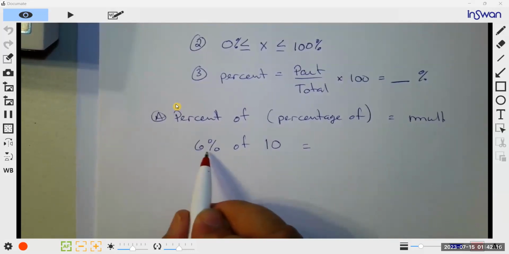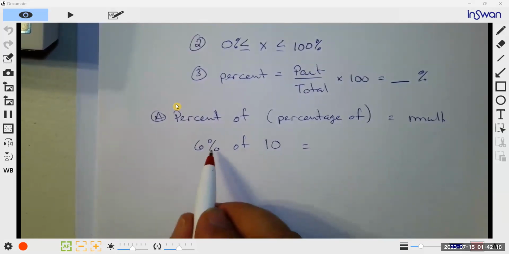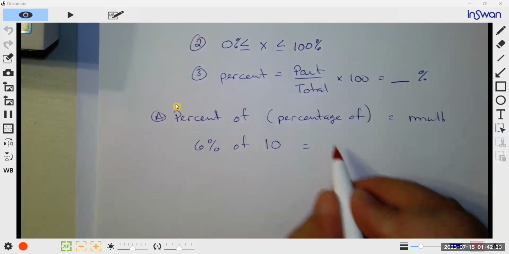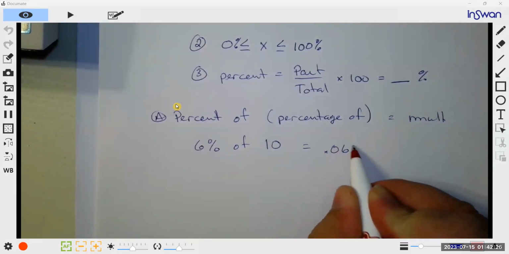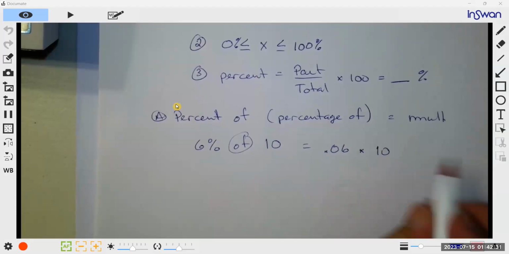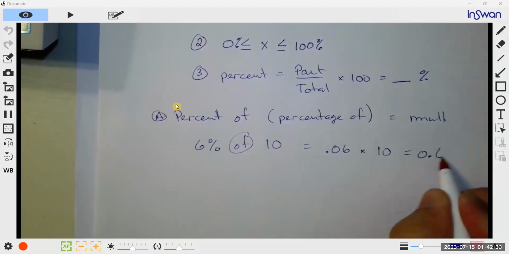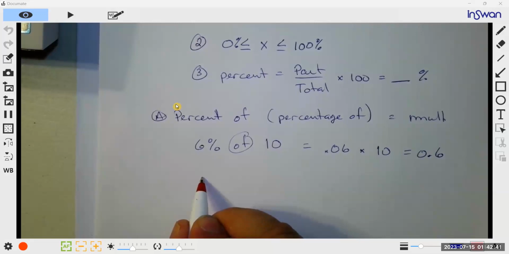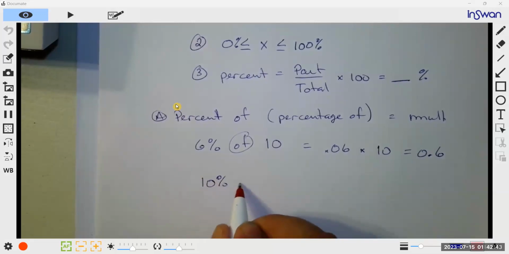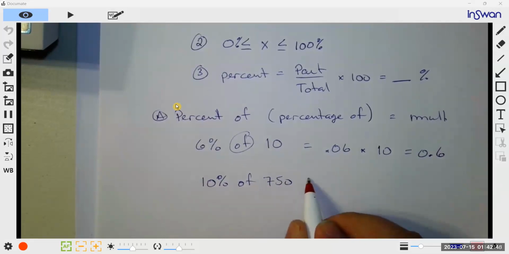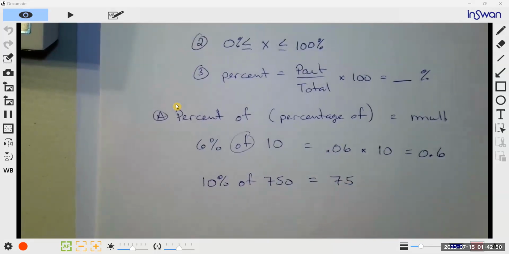What you have to do first, and we'll talk about this in a little bit, is convert our percent to decimals. So it's 0.06. The word of becomes multiplication, 10. So it equals 0.6. Okay, or 10% of 750 equals 75.